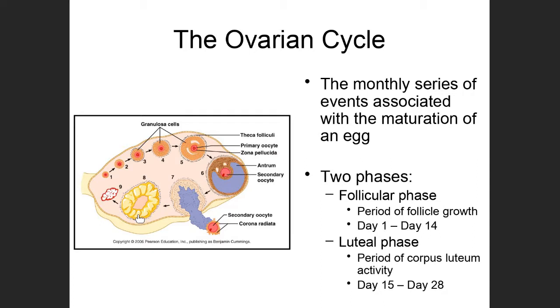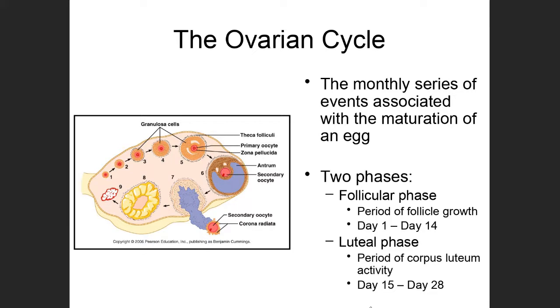That corpus luteum is active for about 10 days, and if pregnancy doesn't ensue, then it starts to degenerate. So the luteal phase altogether, from the time that the corpus luteum develops until it degenerates, is 14 days, and that's consistent across the board for everyone, no matter how long their cycles are. So if your cycle is a little bit longer or a little bit shorter than average, it's due to differences within the follicular phase.